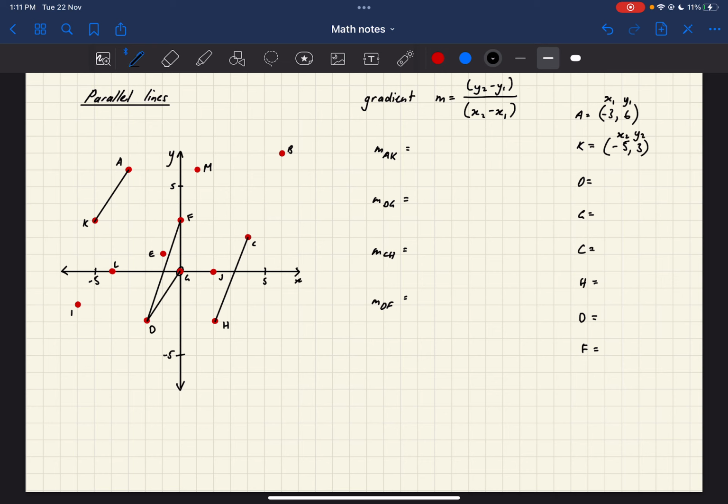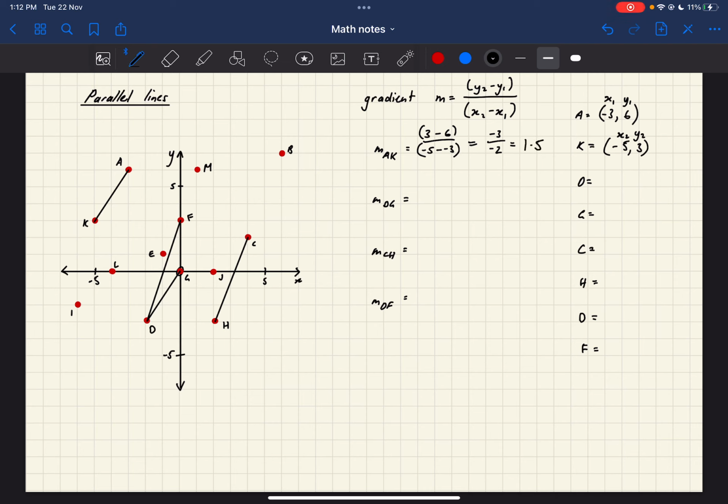So we put that into our equation, and we get 3 minus 6 over negative 5 minus negative 3, which gives us negative 3 over negative 2, which gives us a gradient of 1.5.